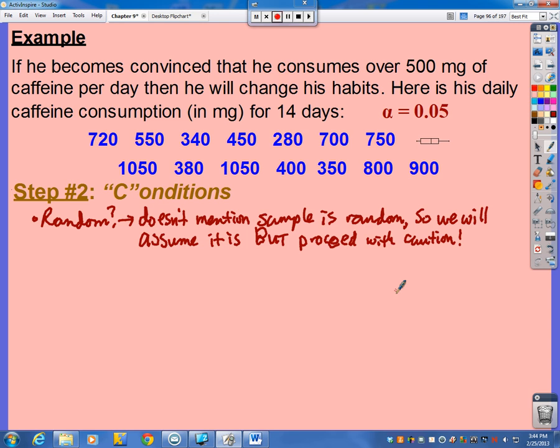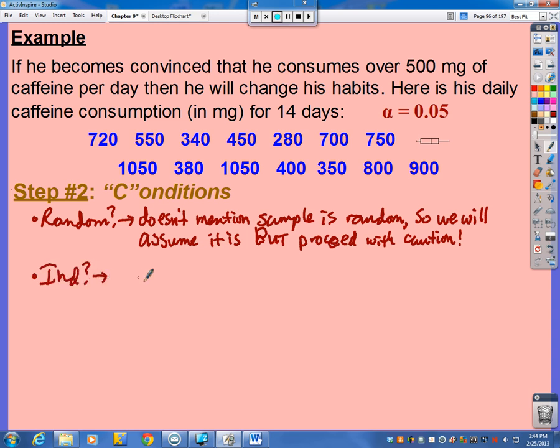For example, like a volunteer response or a call-in poll, somehow where your data is definitely going to be skewed or overestimated, underestimated in some way. I don't think we have enough evidence here to say that these 14 days maybe aren't representative of his daily caffeine consumption. So we'll just assume that this is random and we'll proceed like it is.